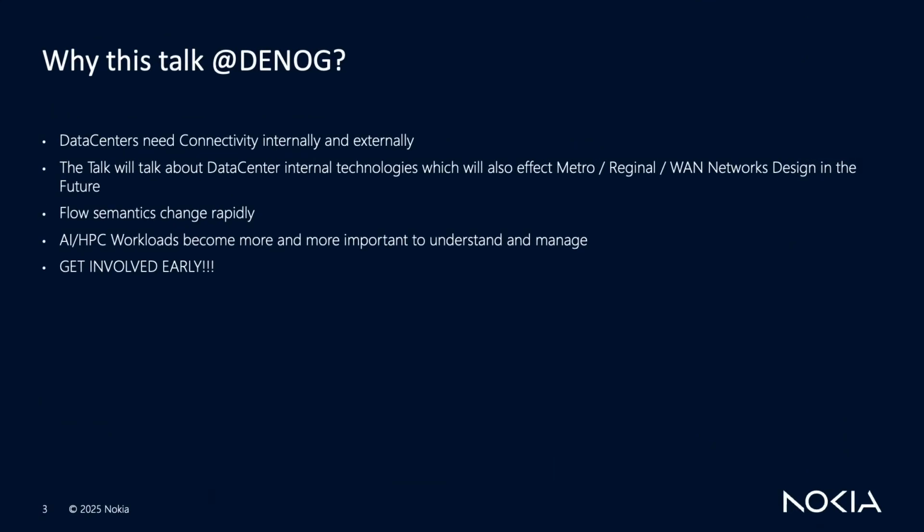So one of the questions is why we even have this kind of talk at DENOG. If you think about it, right now there's a lot of data center build-outs. There's a lot of connectivity required, either inside the data center itself, externally, internally. And you see that a lot of people, with the rise of AI and the wish to use all these GPU resources, question their current infrastructure, question their current design, and think about how to move on.